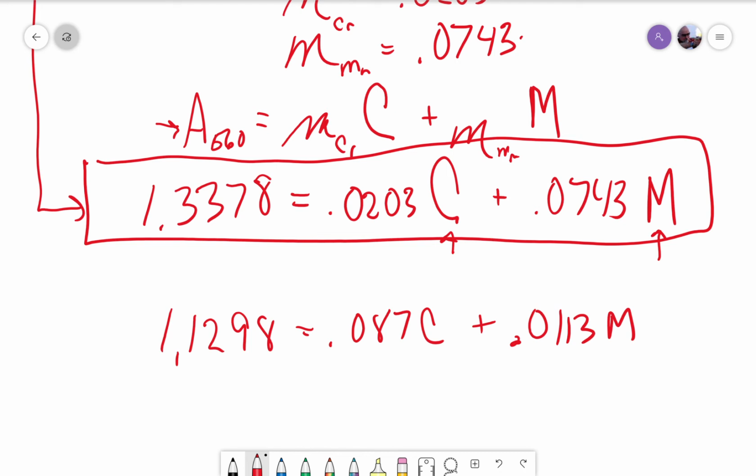We can actually solve this for what C is. If I go to just three significant figures here, let me back up a step.